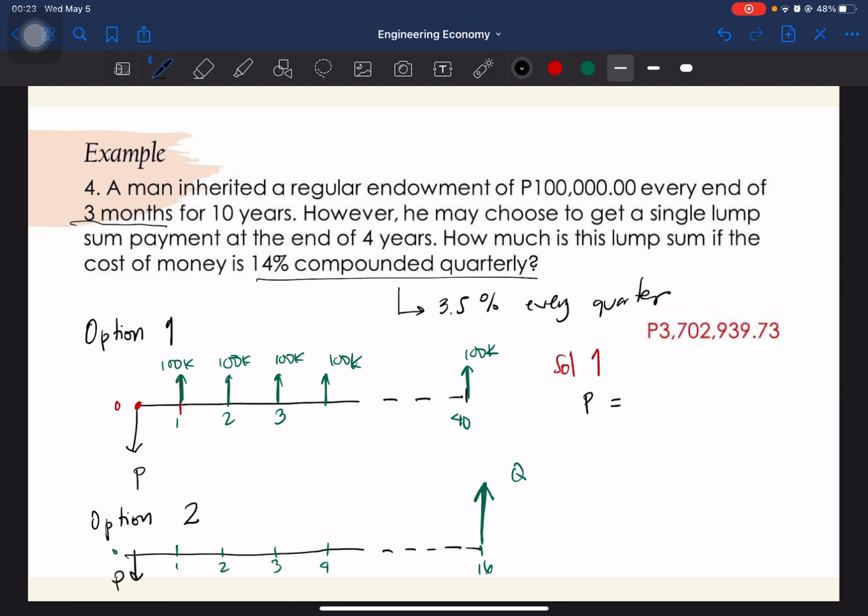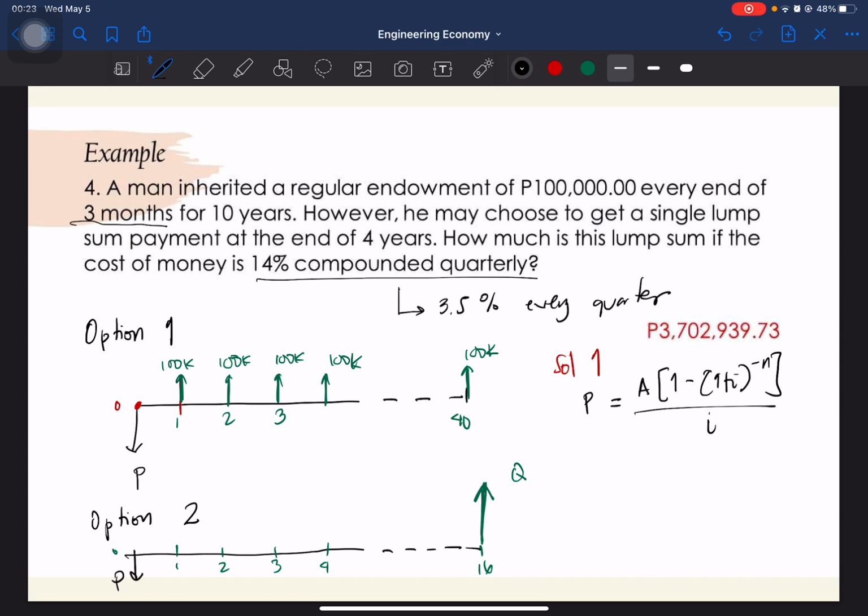we have P equals A, 1 minus, sulat ko pa ba to? Dito na eh. Okay? Now, your I is every quarter and your N is number of quarters. Tama ba? So, that's your solution 1. So, P is, ano yun, P?